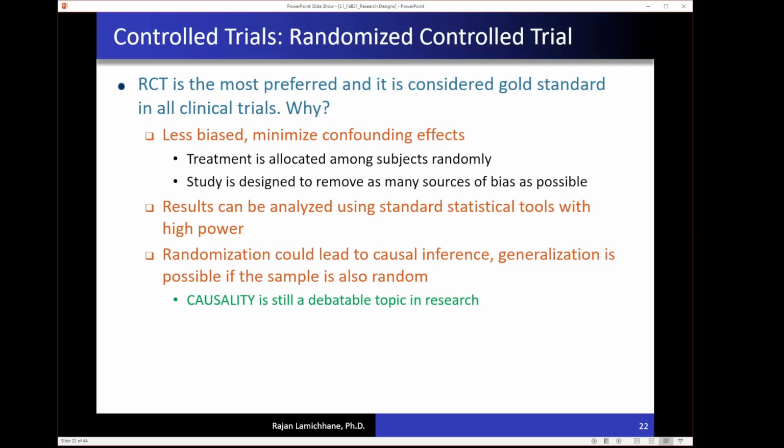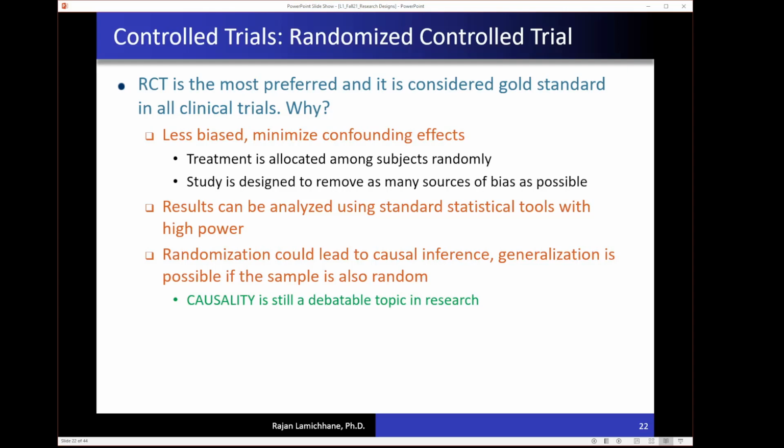In randomized controlled trials, the study is designed to remove as many sources of bias as possible, and results can be analyzed using standard statistical tools with high power, because since there is no confounding or minimum source of bias, it gives high power even for a small sample size.